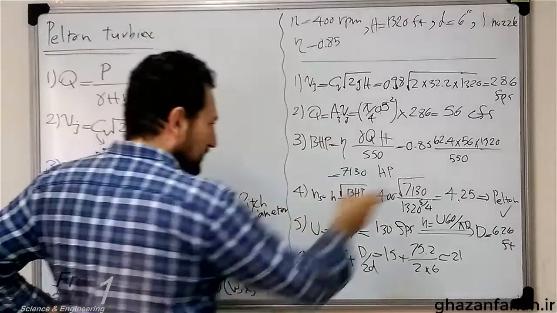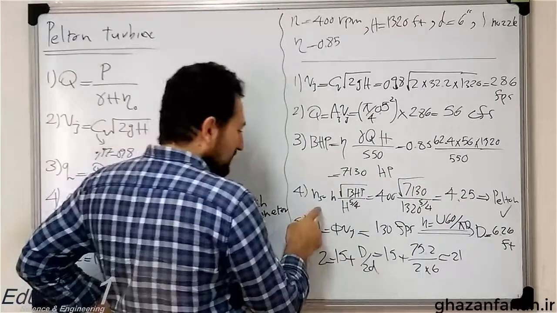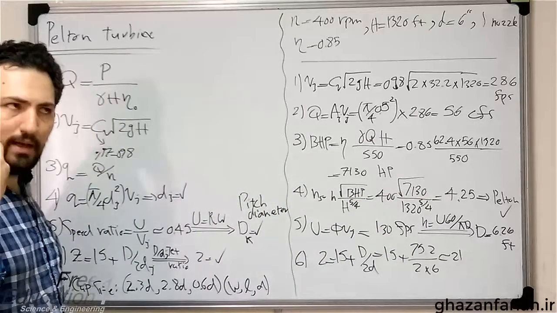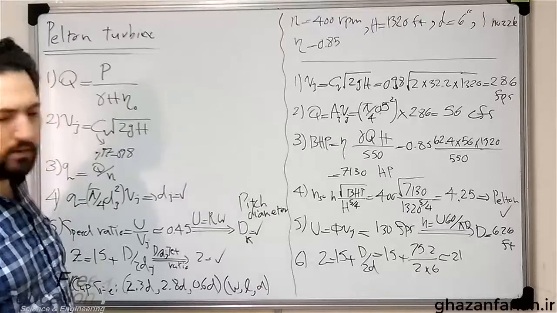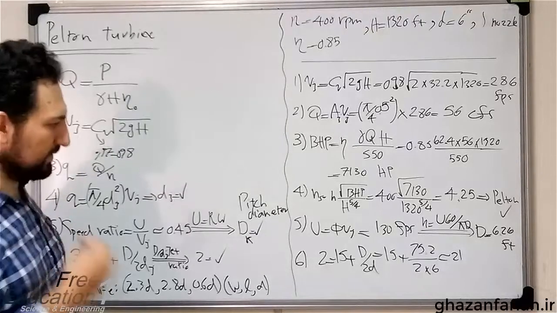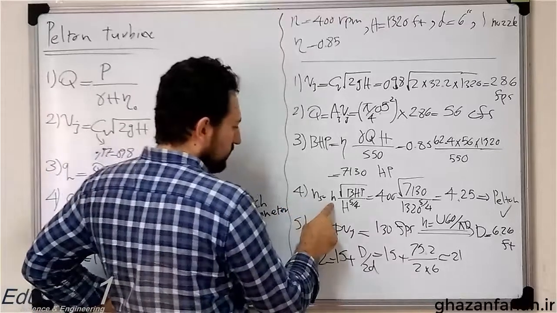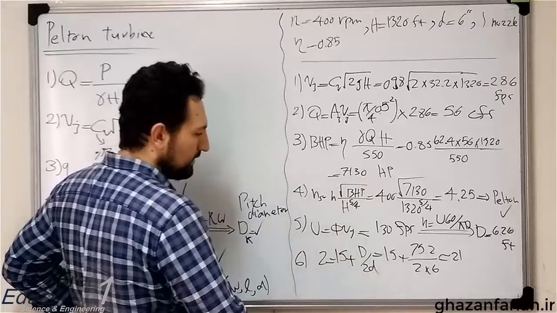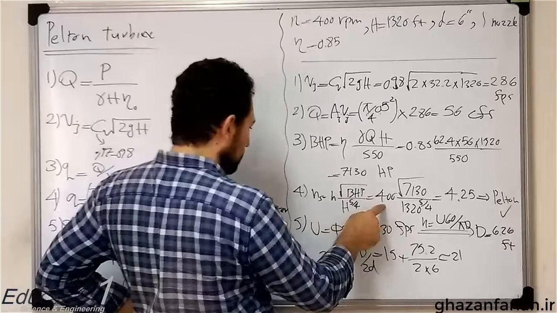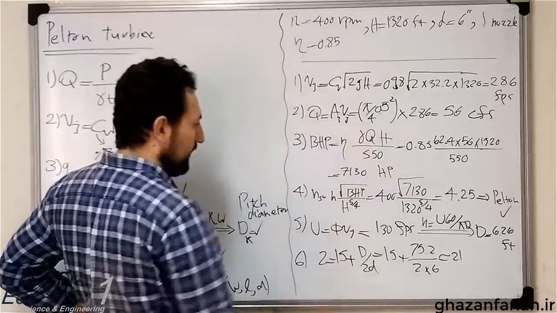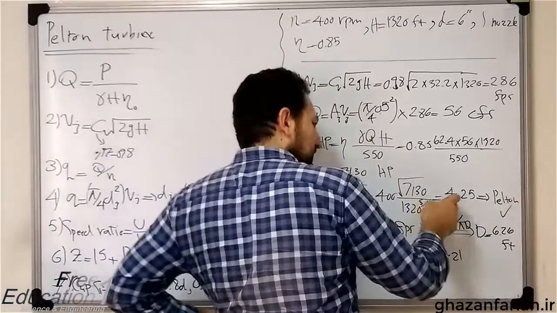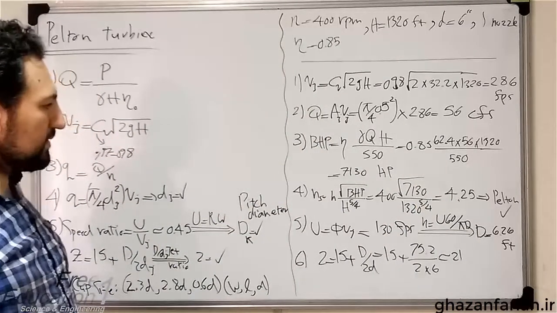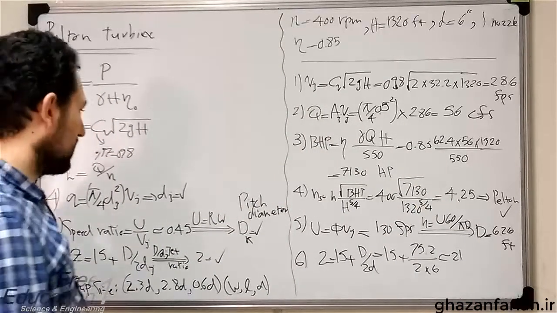But in this case, as you see the result, the specific speed is a small value, so the choice of an impulse turbine or the Pelton turbine is a good choice for this case. So the NS is the product of N and the square root of the braking horsepower, with head at the denominator. For 400 RPM, the specific speed is 4.25, which is small.